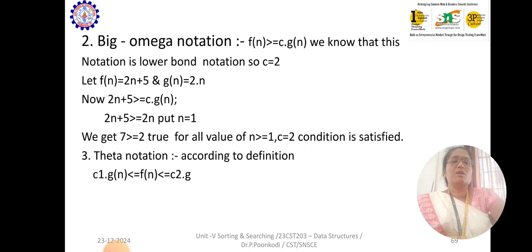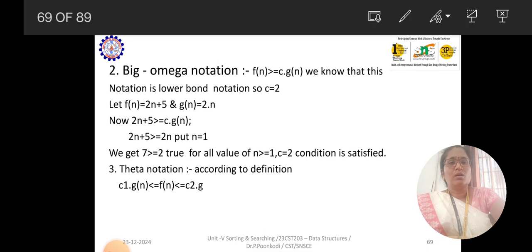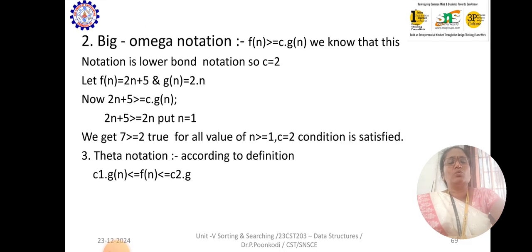The next one is the big omega notation. That represents the lower bound. The same example is given here also. We get 7 greater than 2, true. In that case n is greater than or equal to 1 and c is equal to 2. The condition is satisfied.